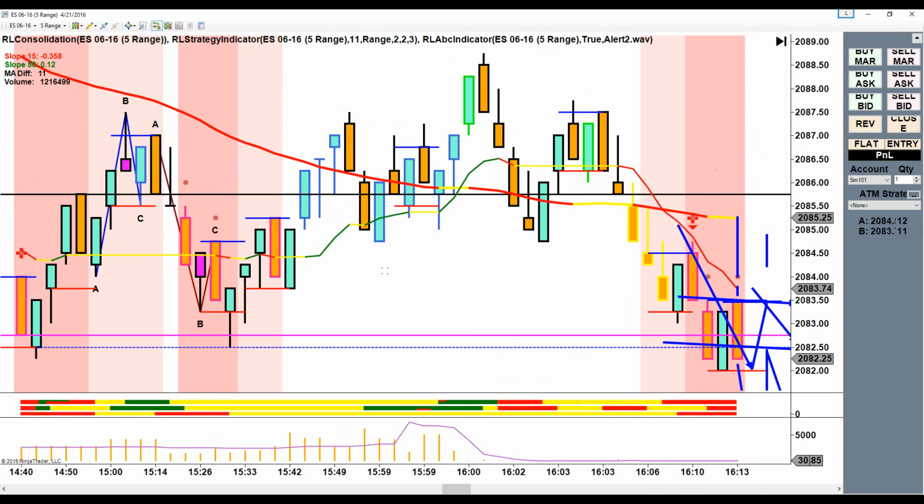Now you can see during this period of time when there's no multi-time frame alignment and no quant alignment, this is when you just stay out of the market. And the one thing about the system in predicting risk, it tells you right up front when you should just stay away and just sit on your hands.